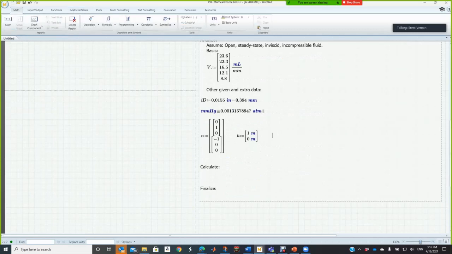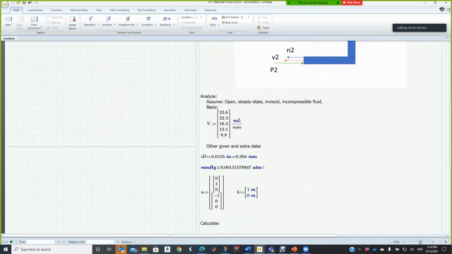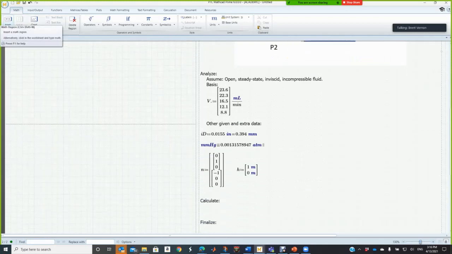And then let's go to density. I think the densities are defined in here, right? The density of the tubing, and then there's density of fluid. So we've got two different densities that we can put in here. Copy, put this over here.